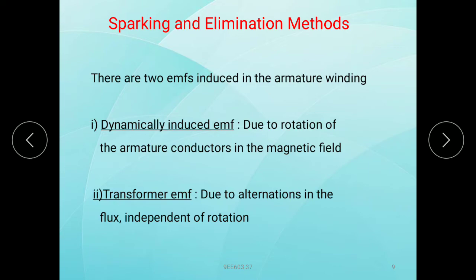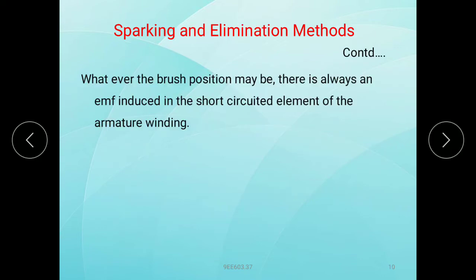So whatever the brush position may be, there is always an EMF induced in the short circuited element of the armature winding.